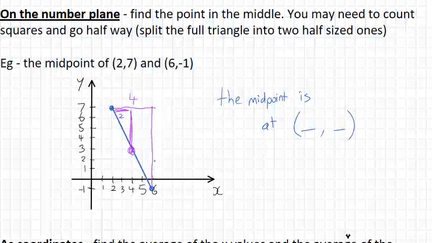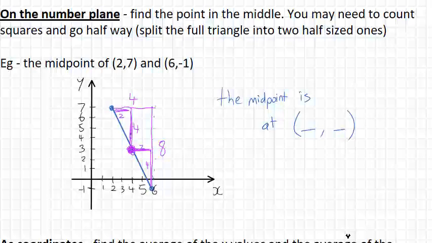In terms of the height, this is 1, 2, 3, 4, 5, 6, 7, 8. 8 squares high, so we want a small triangle that's only going to go up by 4, and in fact we can. And on the other side, 1, 2, 3, 4, so it's 2 and 4 and 2 and 4. Gets us halfway in between. So there is our point.